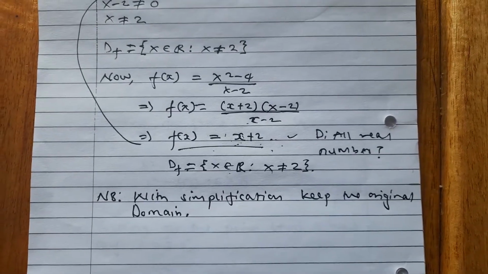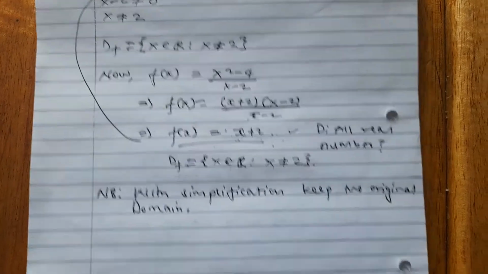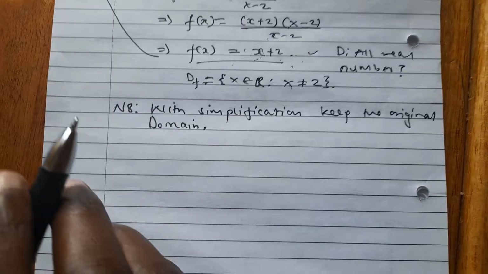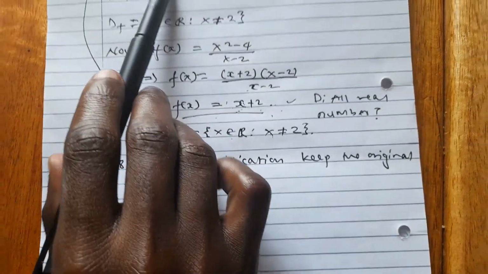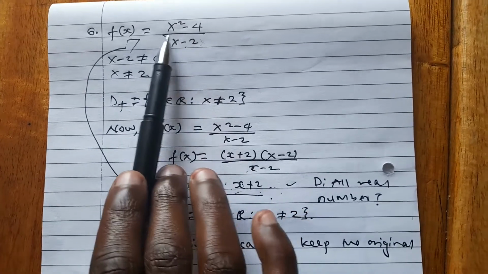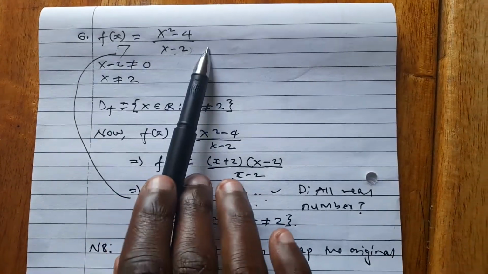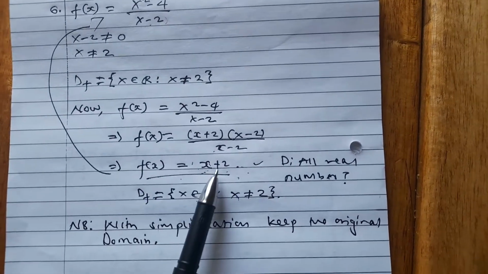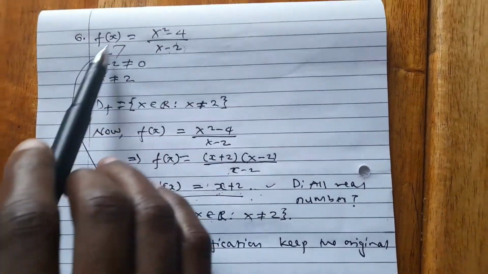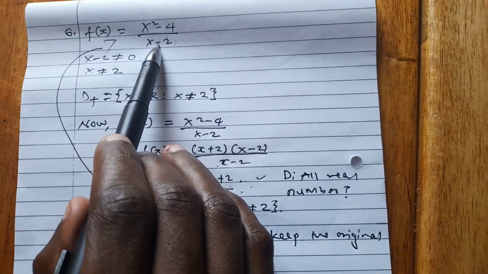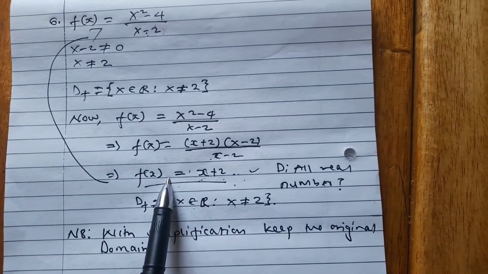Keep the original domain. And now you realize, if we try to sketch the original function, f of x is equal to x squared minus 4 over x minus 2, which is the same as the simplified function f of x equals x plus 2. If we sketch this function, the graph is just the same as this function here.